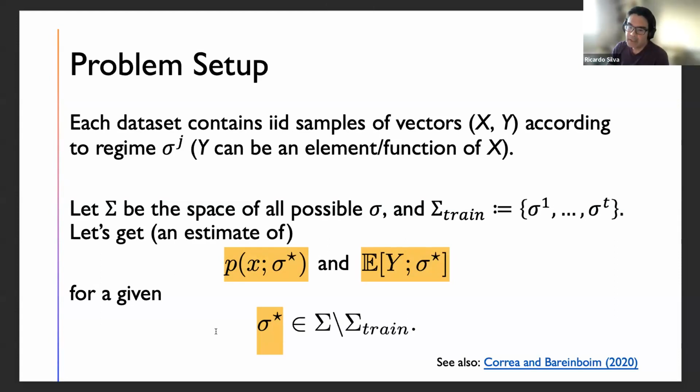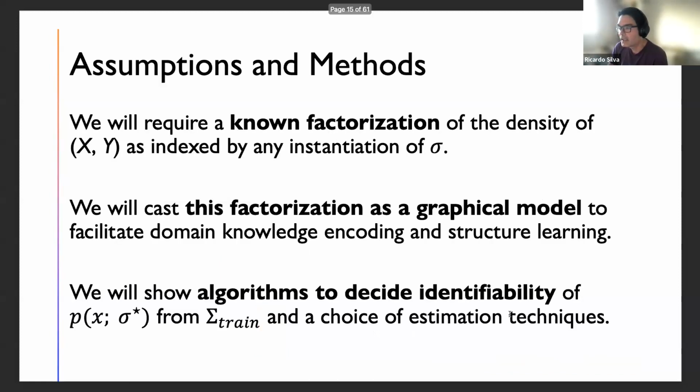This is a setup that appears in all sorts of other papers too, including, for example, approaches to understand what happens when your interventions may not be necessarily exact, but only stochastic. So in terms of assumptions of our model, we know a factorization of the density in a way that I'll describe shortly.